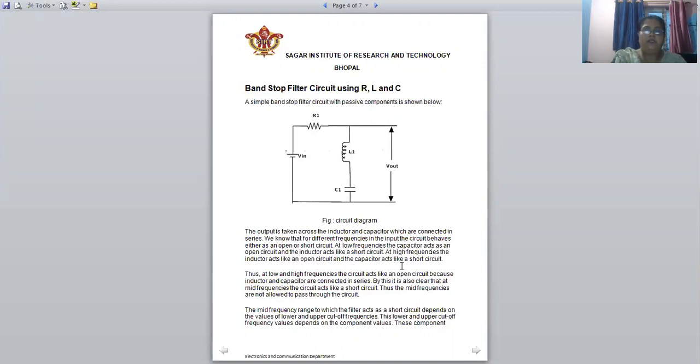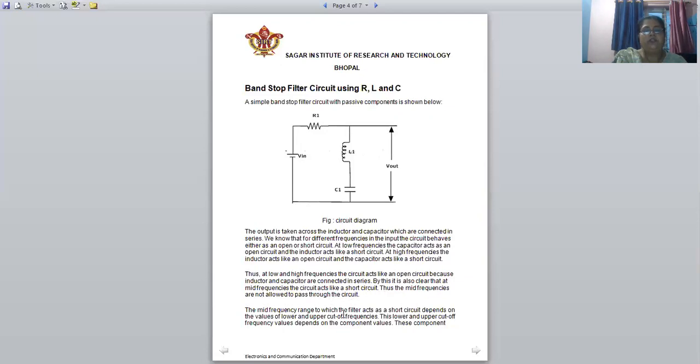At high frequencies, the inductor acts like an open circuit and the capacitor acts like a short circuit. Thus, at low and high frequencies, the circuit acts like an open circuit because the inductor and capacitor are connected in series. By this, it is also clear that at mid frequencies, the circuit acts like a short circuit. Thus, the mid frequencies are not allowed to pass through the circuit.